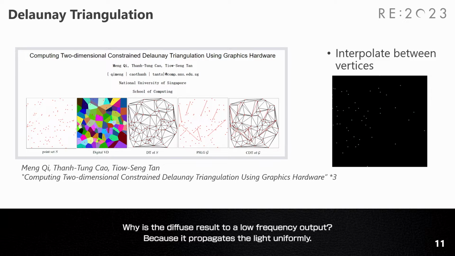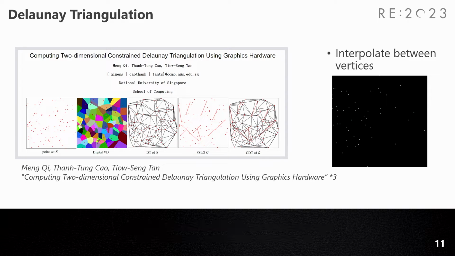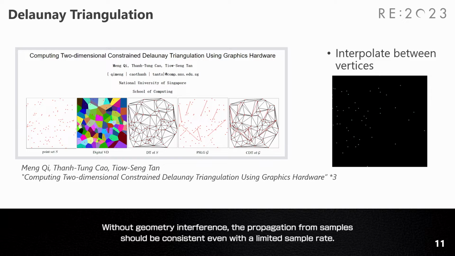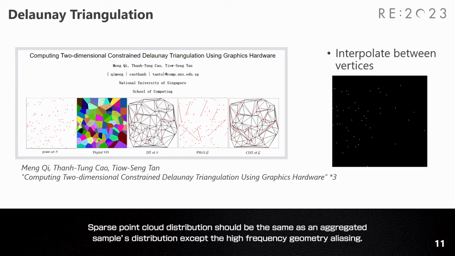Why does the diffuse result give a low frequency output? Because it propagates the light uniformly. Without geometry interference, the propagation from samples should be consistent even with the limited sample rate. Sparse point cloud distribution should be the same as an aggregated samples distribution except the high frequency geometry aliasing.